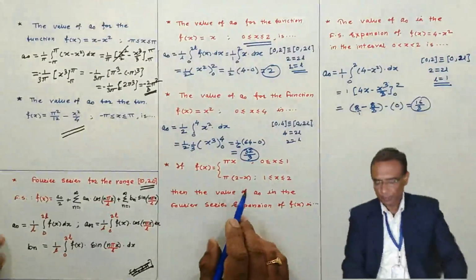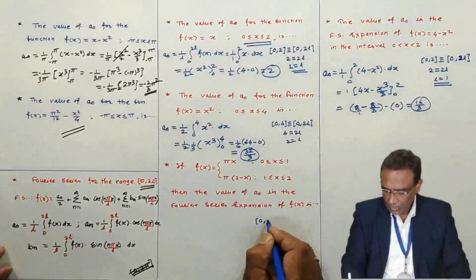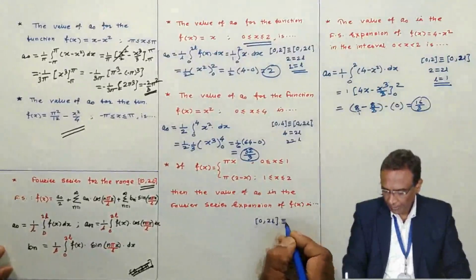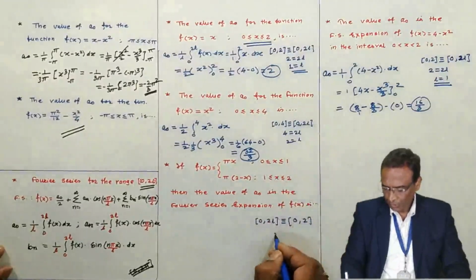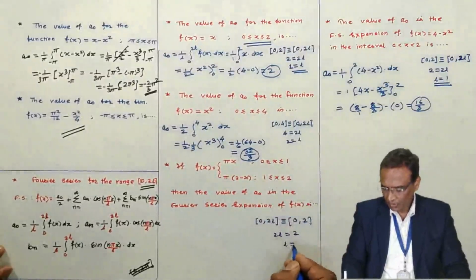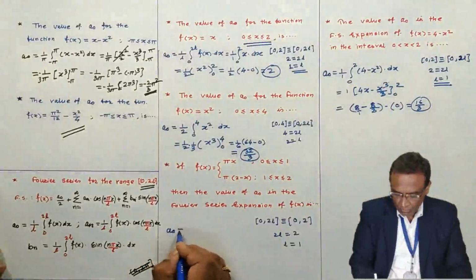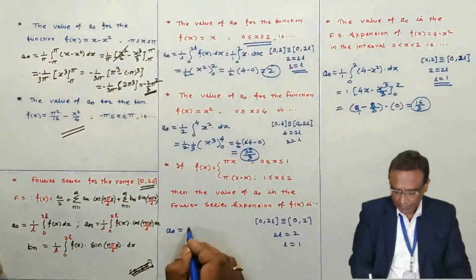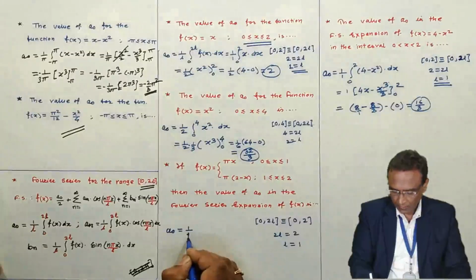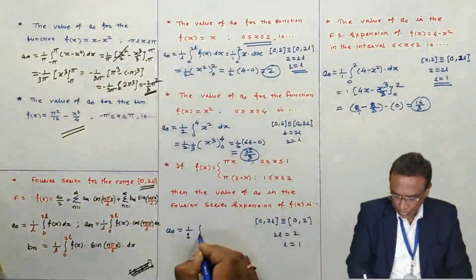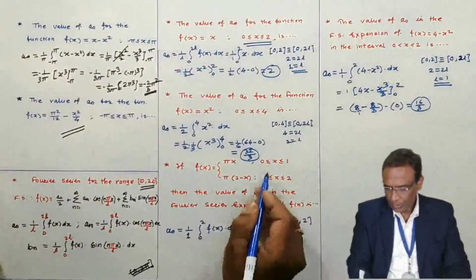Okay, this is for you, because here the total range is what? The total range is 0 to 2L, and this must be equated with 0 to 2. 2L equal to 2 and L equal to 1. Now, this is for you, but in the hint I am giving 1 by L, 0 to 2L. Okay, 0 to 2.